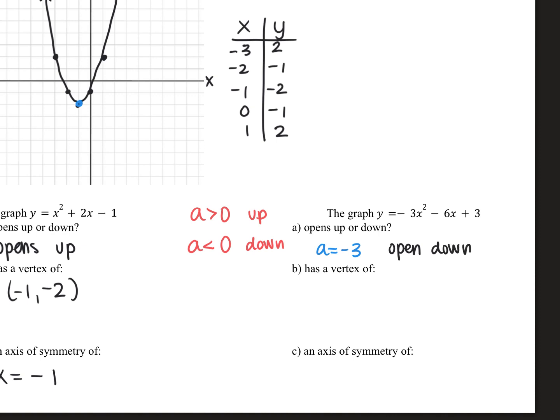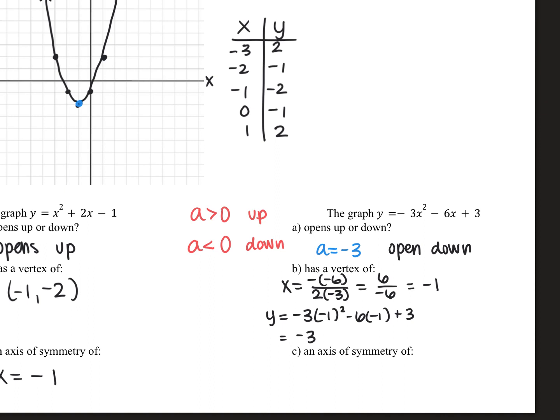When I want to find the vertex, I'm going to go ahead and find the x value using my formula, -b, so -6 over 2a, so 2 times -3. -6 is going to become +6. 2 times -3 is -6, and I'm going to get -1 for the x value. To find my y value, I'm now going to plug that in. -3 times -1 squared minus 6 times -1 plus 3.